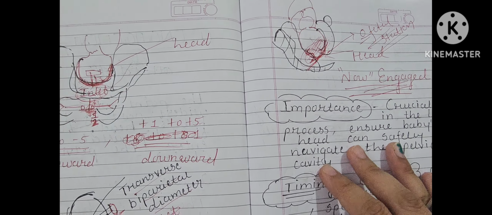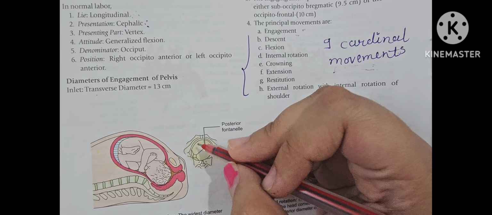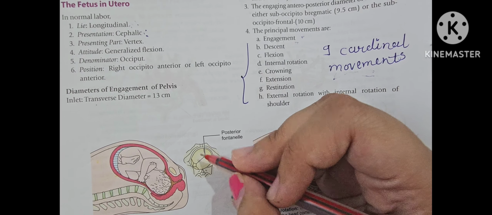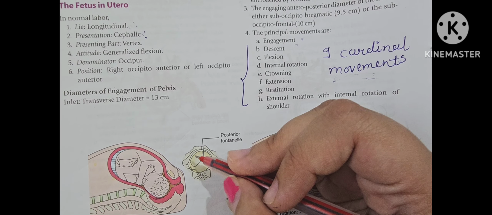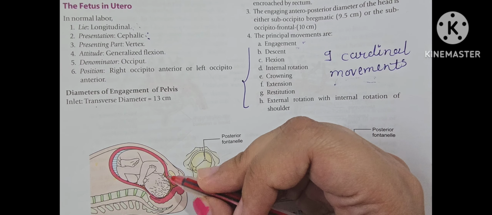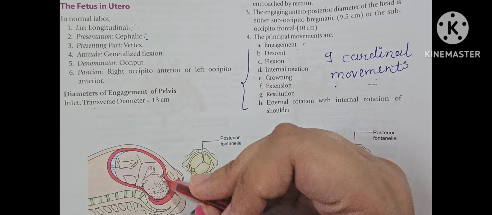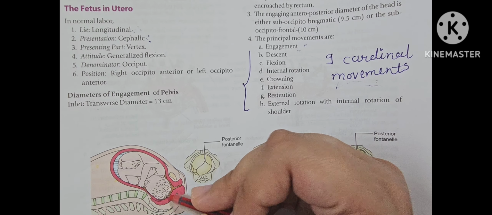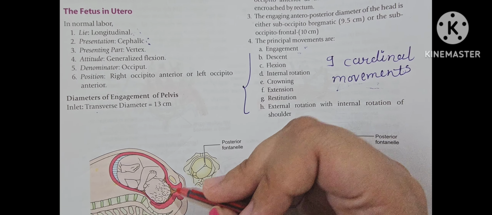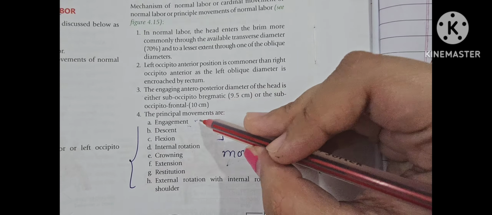So basically what is engagement? Engagement means these two parietal bones create a biparietal diameter. This biparietal diameter comes in contact with the pelvic inlet area. The pelvic inlet area is covered by the widest part of the fetal head, which touches and covers the ischial S-shaped spine at 0 degree fetal station, which is called engagement.